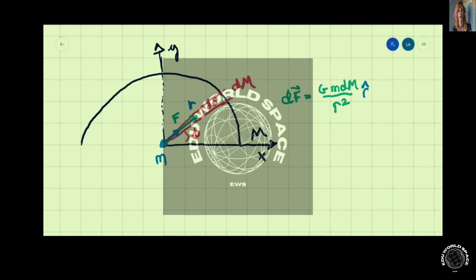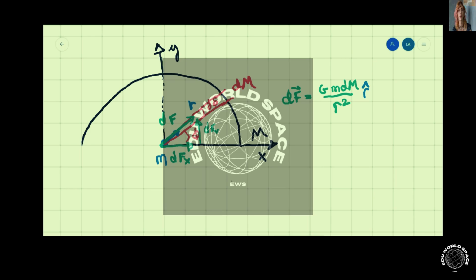And we can break this up into two forces. Call this dFx and dFy. And really this should be dF.